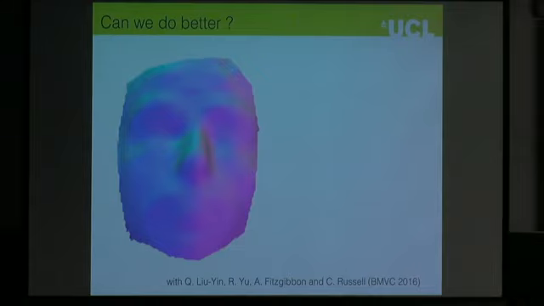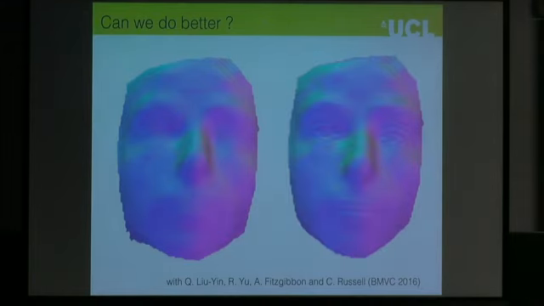So the question was, can we do better than what we were doing before by going back to the image and trying to recover high frequency details? This is work that we did with Andrew, and we presented last year at VMVC.